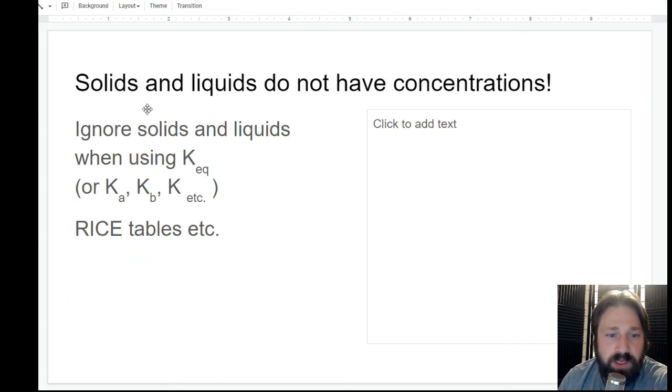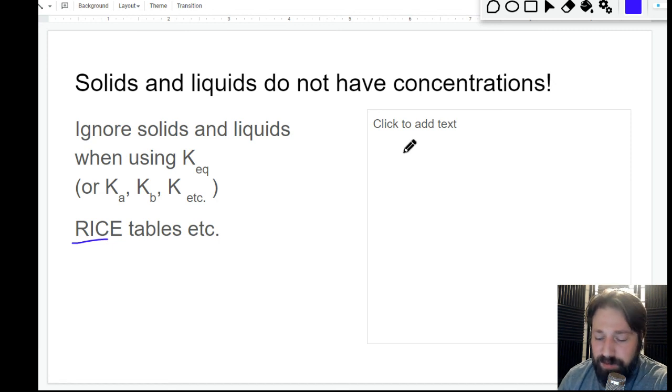Oh, and here's the slide that tells me solids and liquids do not have concentrations. If you see a reaction, you completely ignore solids and liquids. They don't exist. So remember that they're there, but you don't have to think about them in terms of your calculations. Later on, I'm going to be talking about something called a rice table.